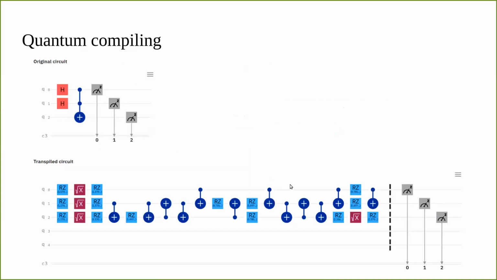What's another example, just to show you how important this is? This is now compiling a circuit with 2 single qubit gates and 1 3-qubit gate. This is known as a Toffoli gate. And here we see the number of C0 gates, 2-qubit gates, that this takes to implement. 2-qubit gates are noisy.